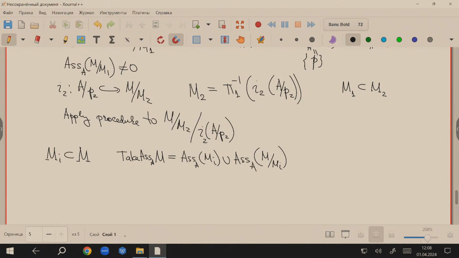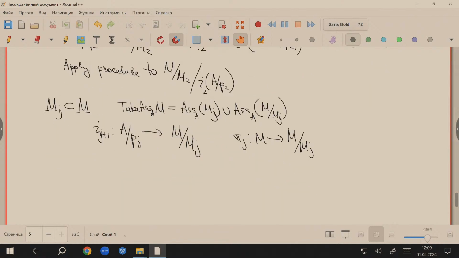So if this set is non-empty, we construct I j+1, an inclusion of A mod Pj inside M mod Mj, sorry, let me put the index j here. We have pj mapped from M to M modulo Mj, and I'm doing this by induction.